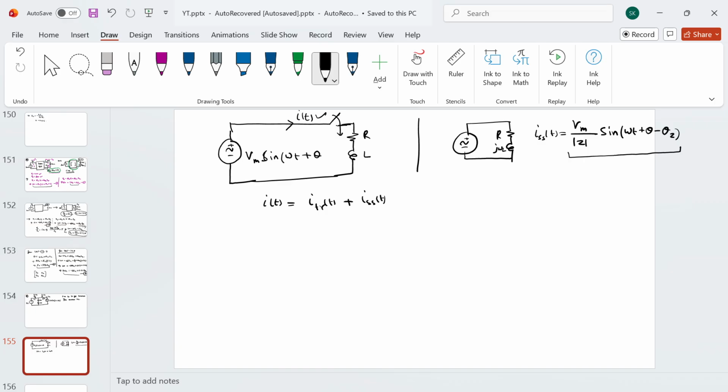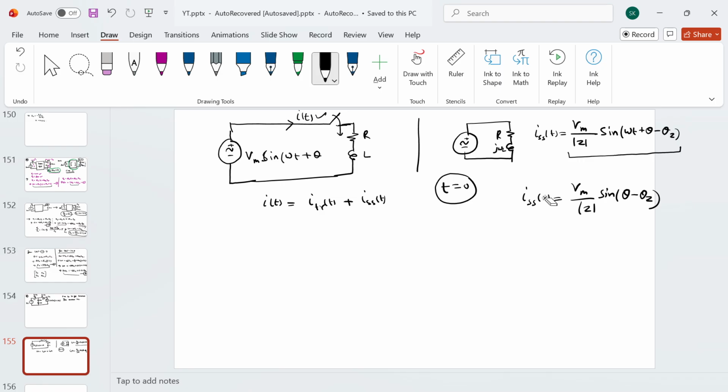Let's say I perform the switching at t equal to 0 seconds. In that case, the steady state current is Vm by mod Z sine theta minus theta z.